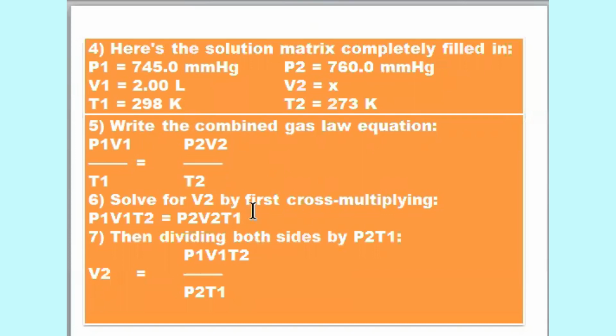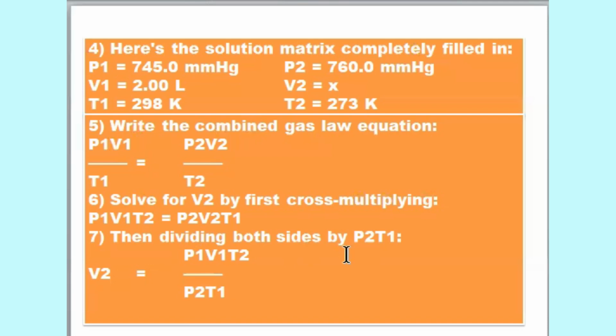Solve for V2 by first crisscross multiplying, and we obtain P1 V1 T2 equals P2 V2 T1. Then divide both sides by P2 T1, and we obtain the formula V2 equals P1 V1 T2 over P2 T1.